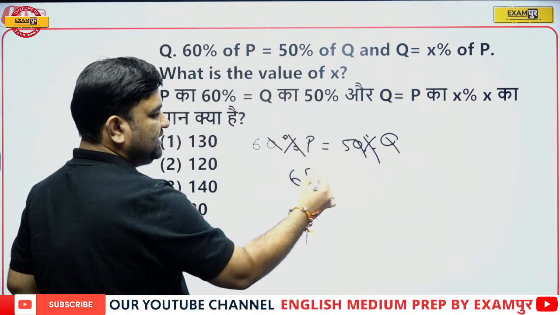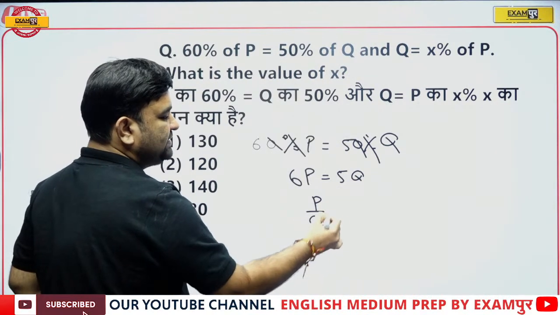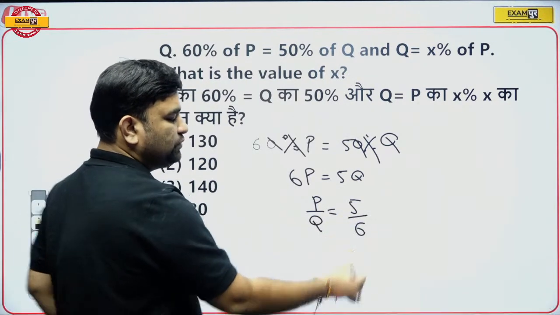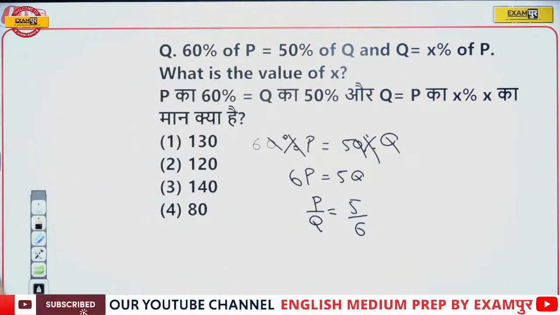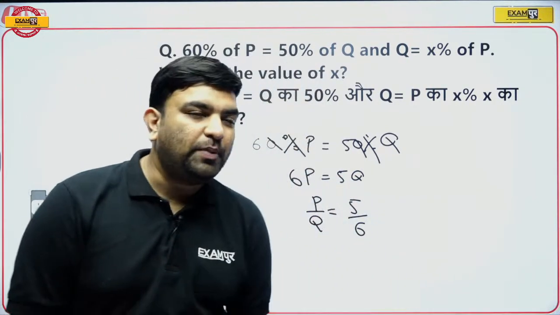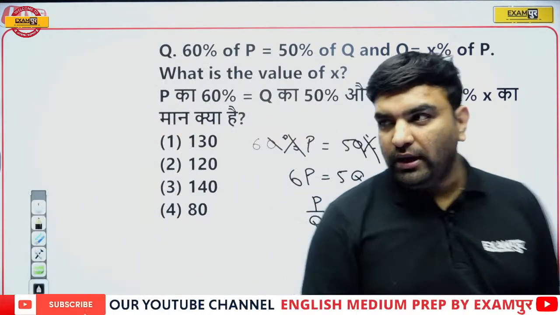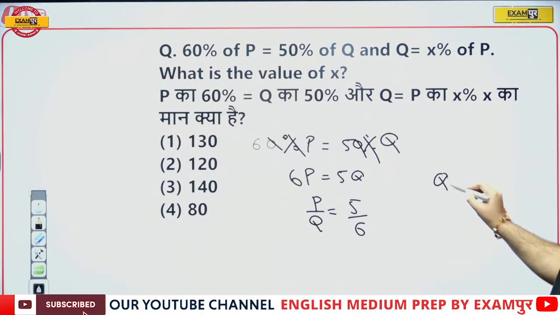So you can say 6P is equal to 5Q, or P by Q is in the ratio 5:6. Q is what percent of P? First write it in the fraction form.